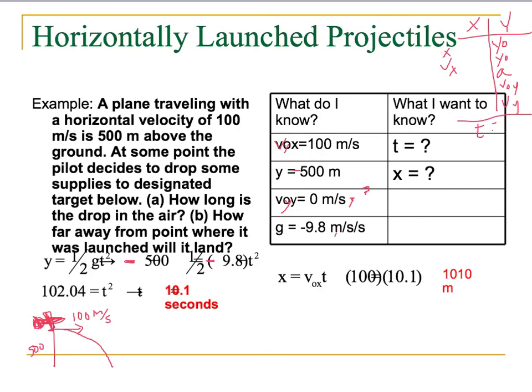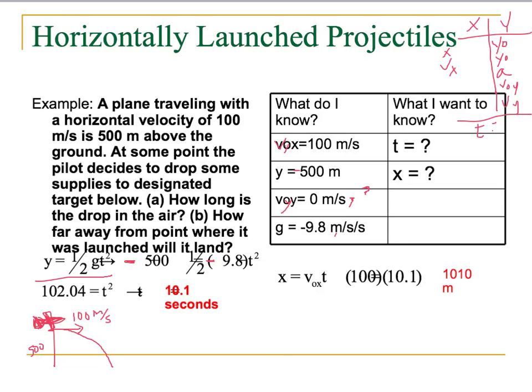Sorry, again, we've got a little problem here with our import. So we have negative 500 equals 1/2 times negative 9.8 times t squared, so we're plugging into that vertical equation. It's the shortened version of the equation because we know that the initial position is 0 and the initial velocity in the y direction is 0, and so that is appropriate. We can do that.